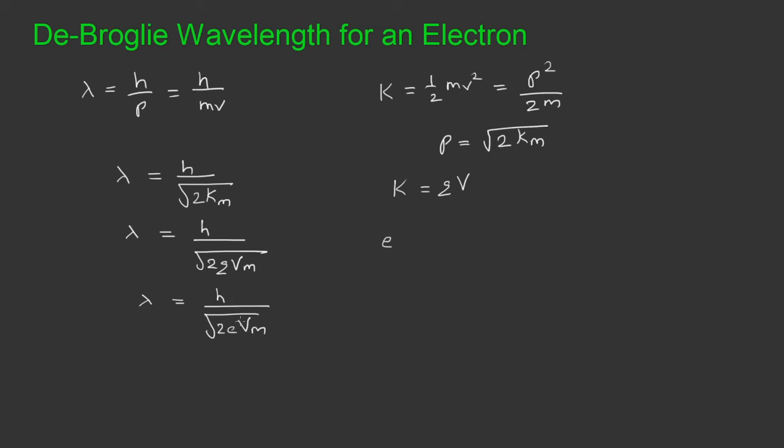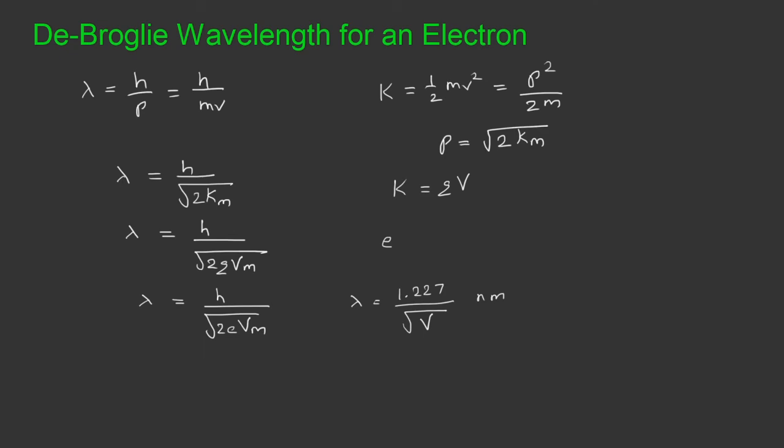We know the values of h, e and m. Substituting these values, we will get lambda is equal to 1.227 divided by square root of V nanometer, where V is the magnitude of accelerating potential in volts.